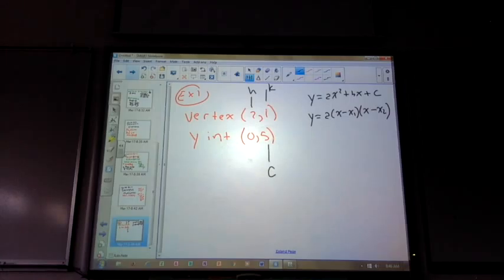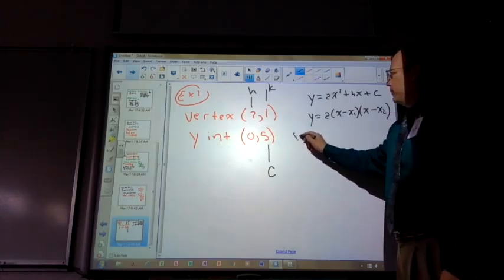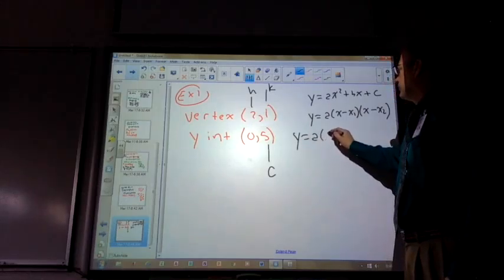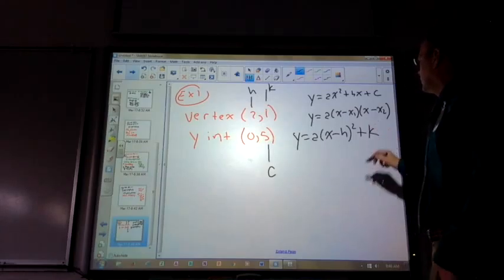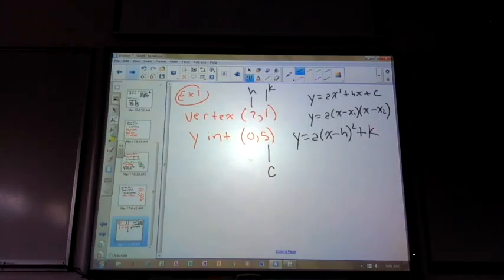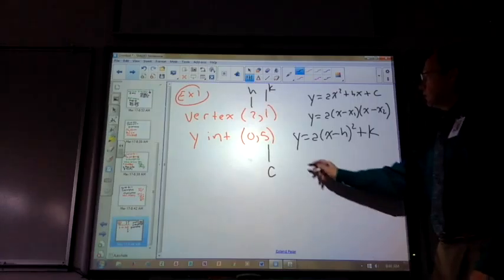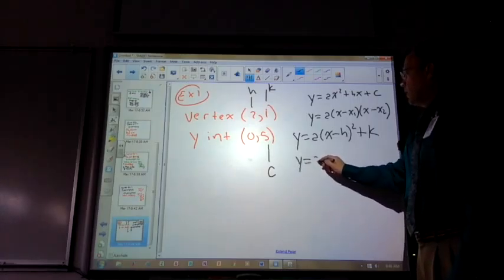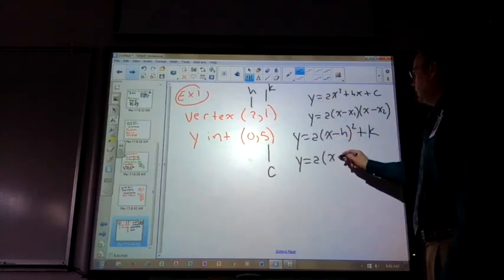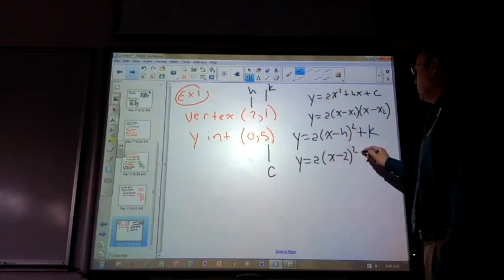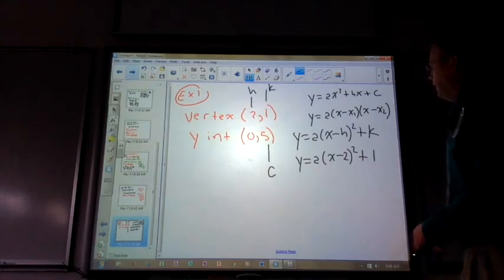H and K, not there. C, not there. So what about vertex form? What values do I know up there? I know an H and a K. So I'm going to put what I know right now. y equals a(x minus 2) quantity squared plus 1.